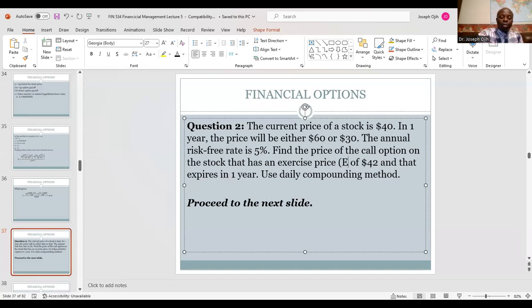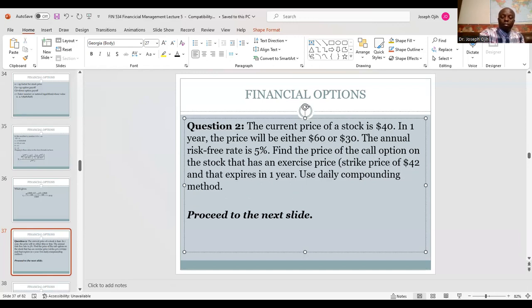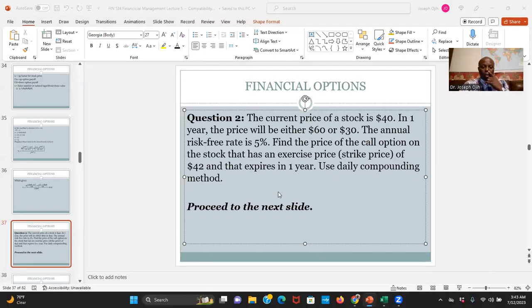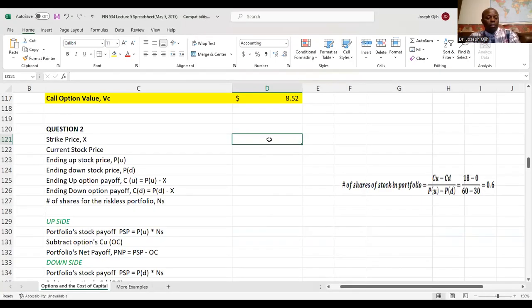It's the strike price of $42. Okay, so I'm going to go to Excel and put in $42 for the strike price.